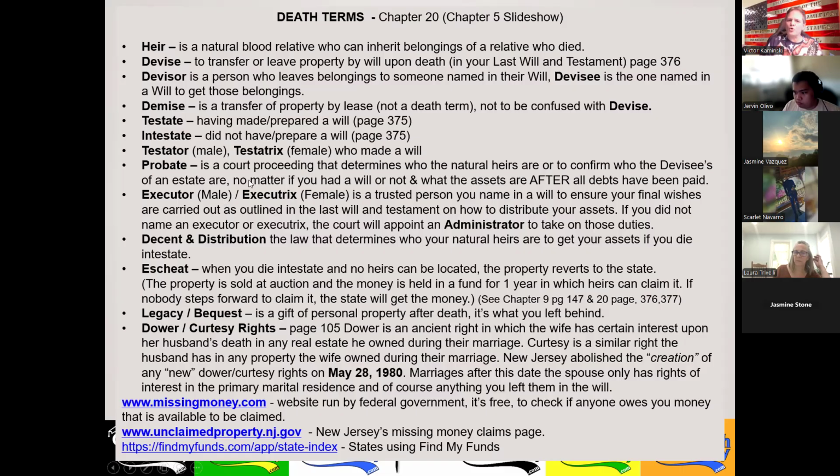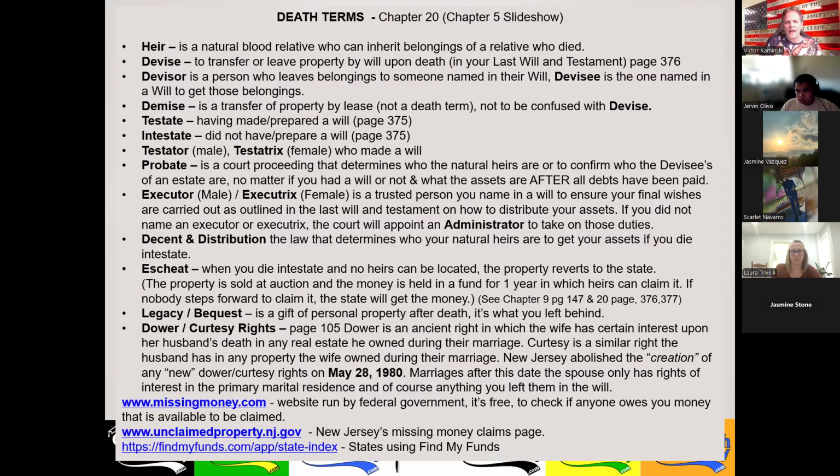Probate is the court proceeding that determines who the natural heirs of an estate are, or to confirm who the devisees named in a will of an estate are, no matter if you had a will or not, and what the assets are after all debts have been paid. Because two things are certain in life, death and taxes, and even when you die, you need to pay your taxes.